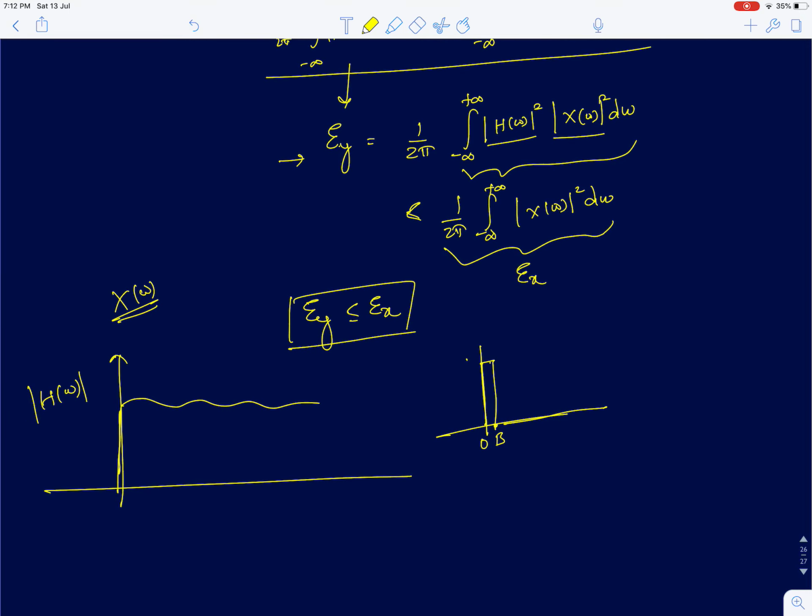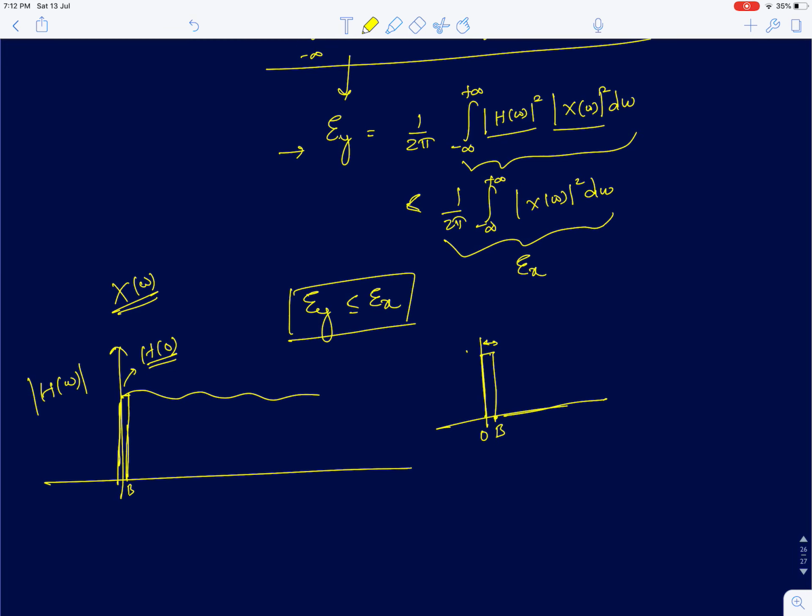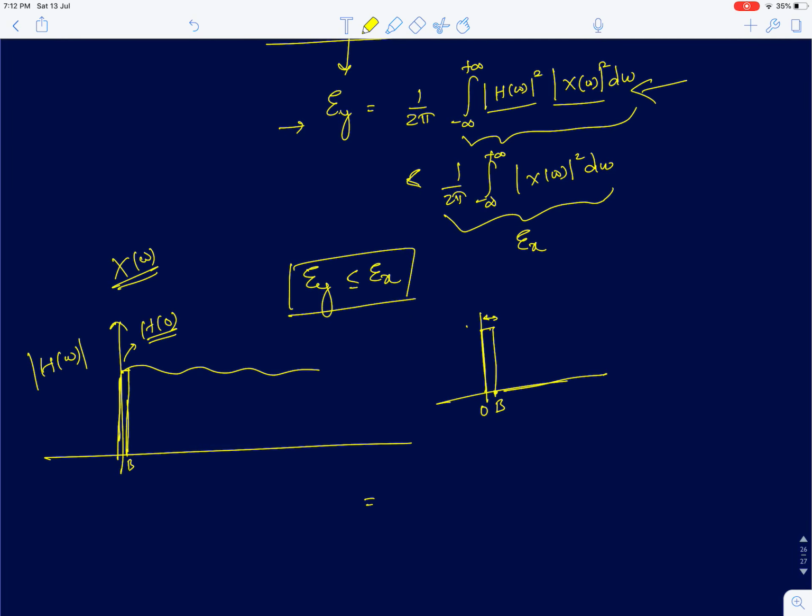Now assume that it's a very, very narrow band of frequencies, such that I can assume H of omega at DC, or H of 0, is nearly constant within that small band of frequencies. In that case, the value of this integral reduces to integral minus infinity to plus infinity 1 by 2 pi, I'll simply write it as H of 0 the whole square into mod of X of omega the whole square d omega. So this is simply Ex into mod of H of 0 the whole square equals Ey.